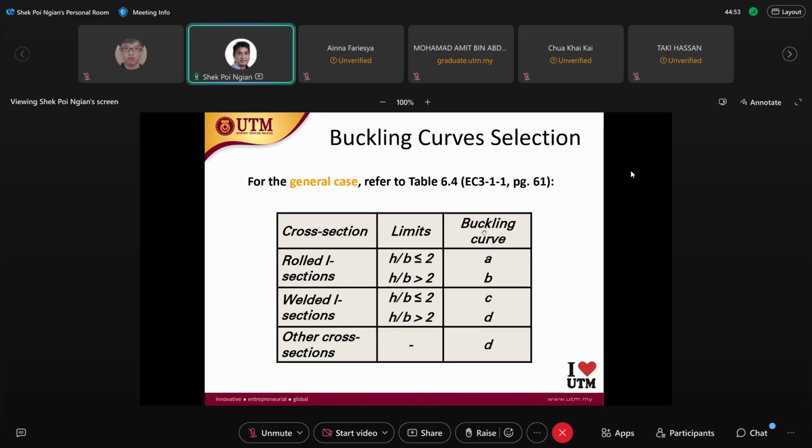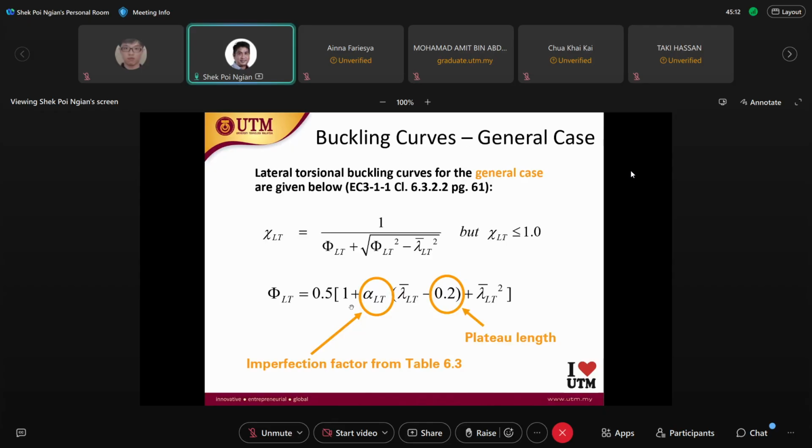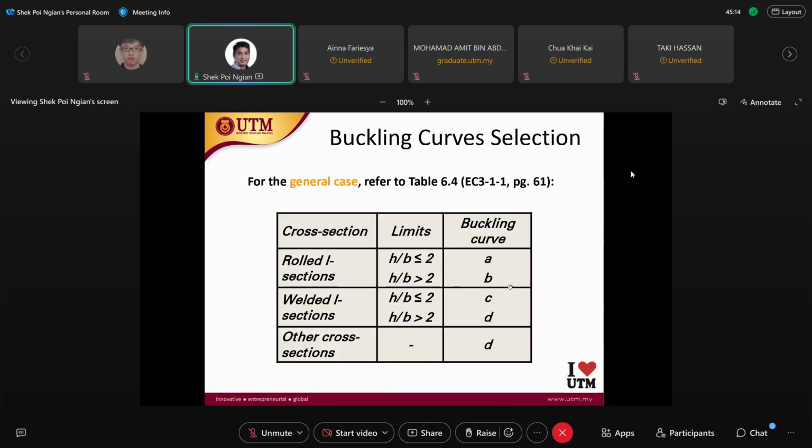The buckling curve is given by curve A, curve B, curve C, curve D. We have 4 curves here. So to get the imperfection factor alpha, we refer to the buckling curve, and to choose the buckling curve, we refer to our section.